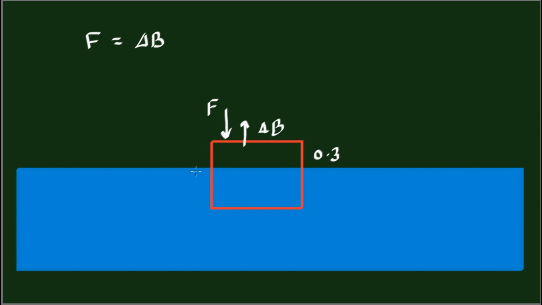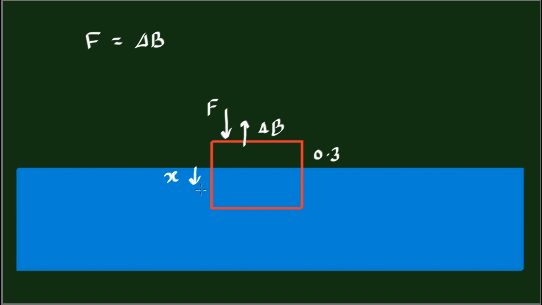Now let's say at some instant of time it has moved down by an amount x from its equilibrium position. Remember, we start with its downward displacement 0 from equilibrium and keep increasing the downward displacement until it is equal to 0.3. So x, the downward displacement from equilibrium, goes from 0 to 0.3.